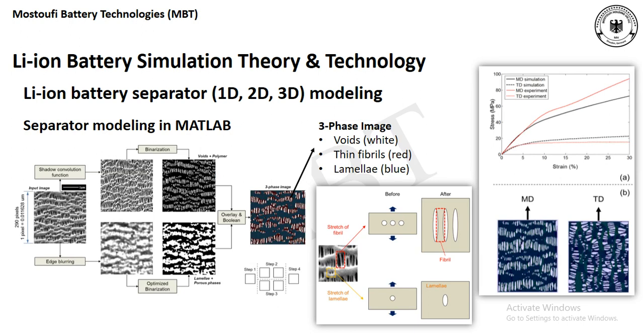Here you can see an example of how to conduct this image processing technique. First, we have an image from the electron microscope, and as you can see, it goes under different filterings like edge blurring and shadow convolution function.